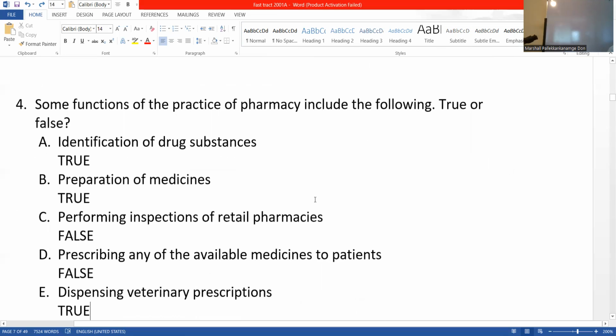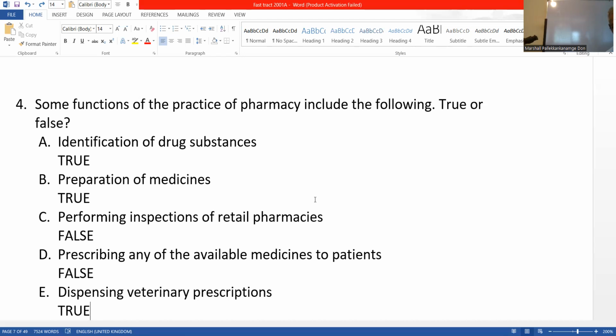Some functions of the practice of pharmacy include the following: true or false. Identification of drugs, substances, true. Preparation of medicines, true. Performing inspections of retail pharmacies, that is true.